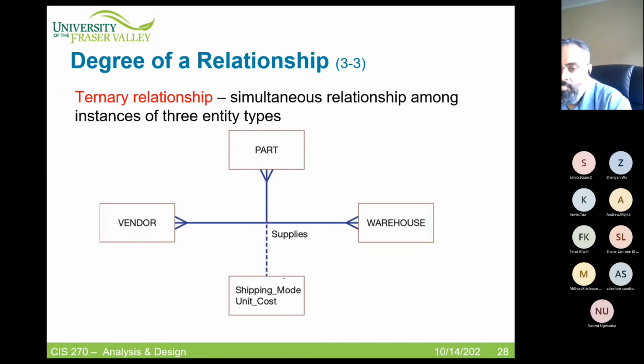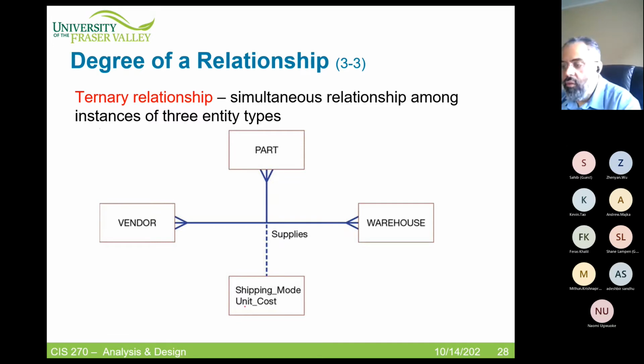Shipping mode. A vendor will give this part or this product to this warehouse, but each time he is going to supply, which means each time he makes this action, there will be a special shipping mode, based on a predefined or agreed shipping mode.